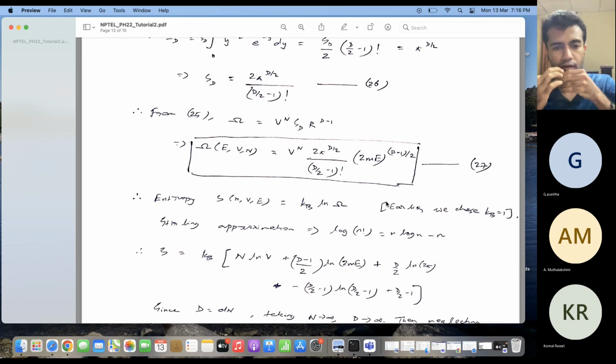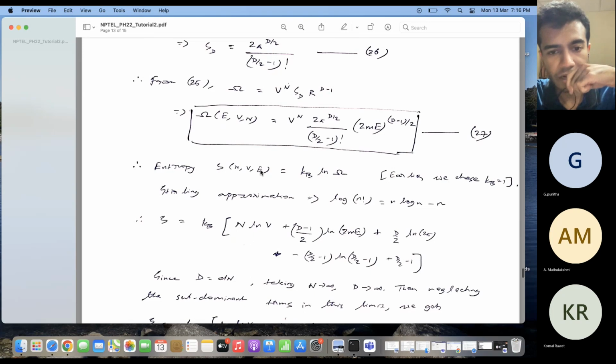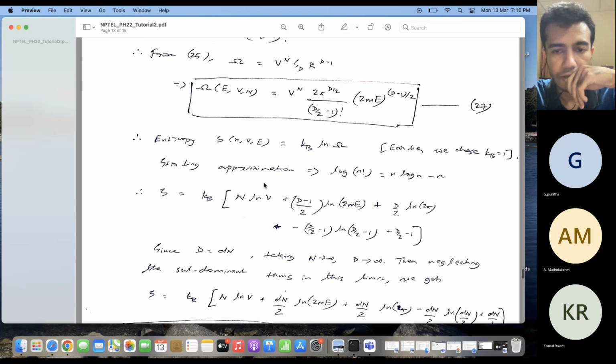Okay. All right. So once I've got this value of omega, I can calculate entropy like I had done earlier. So for a microcanonical ensemble, we had seen that entropy is k_B times the log of the number of microstates. Earlier we had taken k_B equal to 1. Here we take k_B not equal to 1. So S is k_B ln omega, right?